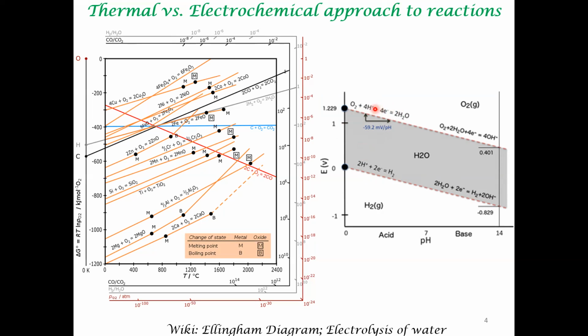That is the beauty: things can be done at room temperature and pressure, because all my energetics is modulated by potentials that are present at the electrode. I have something that is able to overcome the thermodynamics, right?